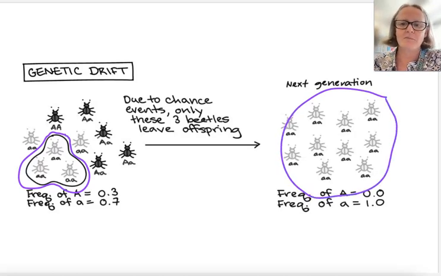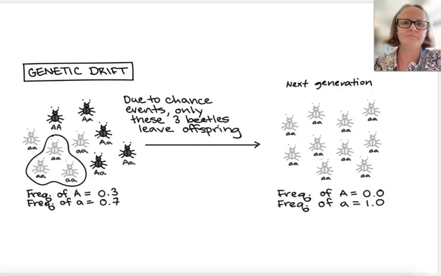So the frequency of the big A allele has dropped down to 0, so that means there has been an evolutionary change. So genetic drift is a movement of the allele frequency just based on random chance changes in terms of who can breed in that generation.